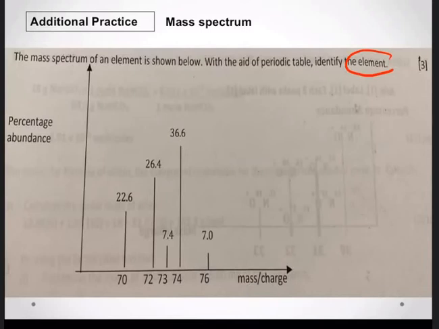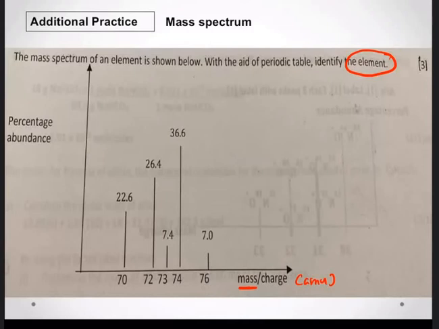So based on our interpretation on the mass spectrum given, so of course kita tahu y-axis is percentage abundance, mass per charge kat sini unit dia AMU, dan kita tahu it's representing the mass. So if I ask you, our element here ada berapa isotopes? 5. How do we know?